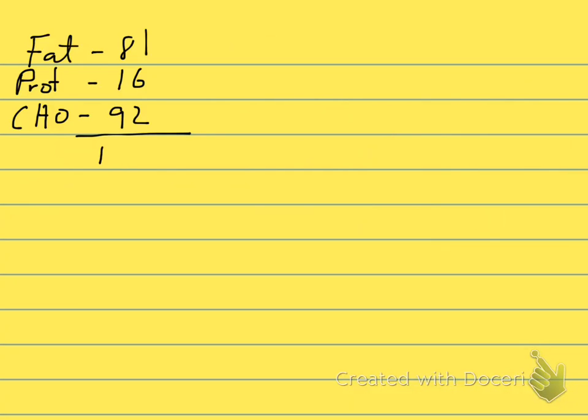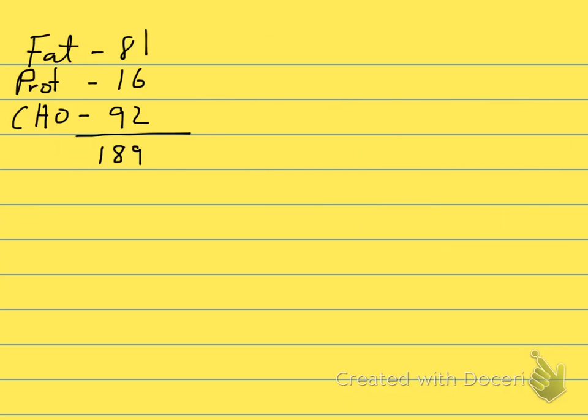And just as a reminder, we had fat, 81 calories from the fat, right? We had protein, and we had 16 calories coming from protein, and we had carbs. We had a total of 92 calories coming from the carbs, and our total calories was 189.